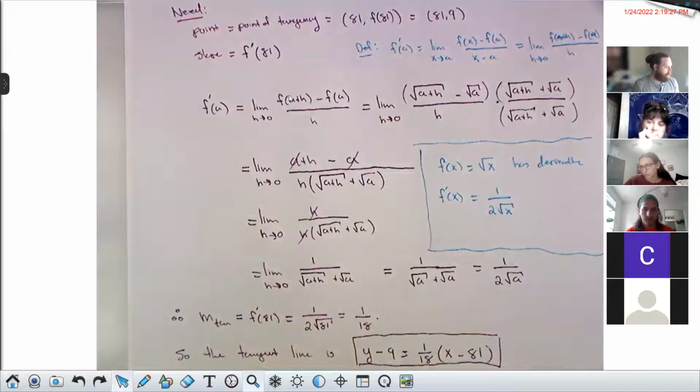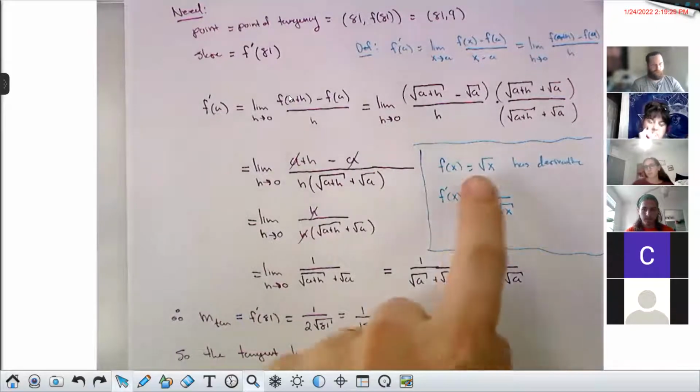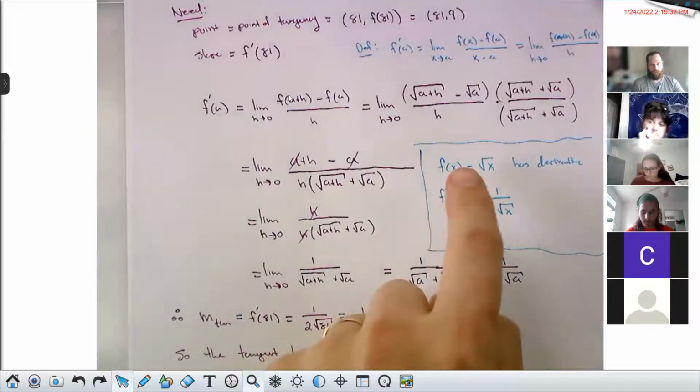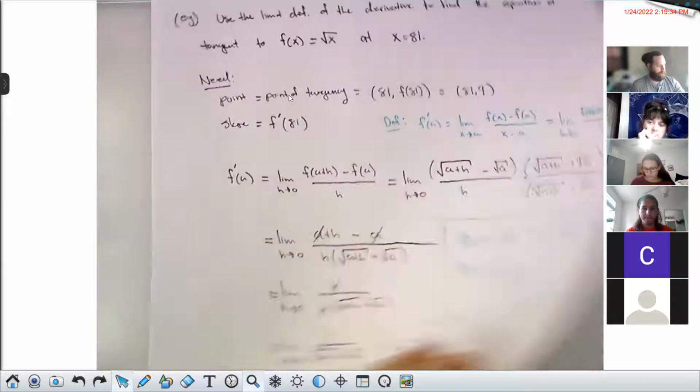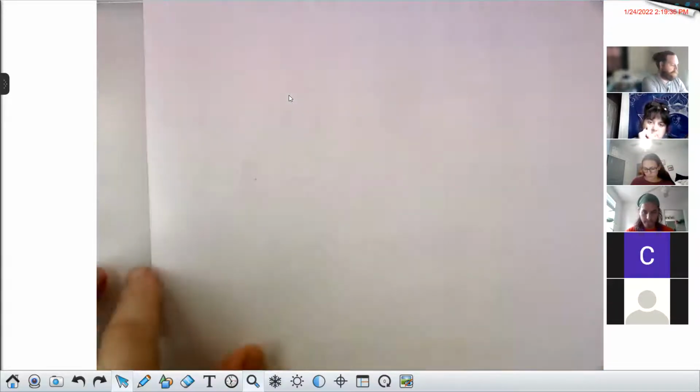To tie this in a little bit more with what we were talking about last time, I'd like to take a look at these two graphs. So this is no longer a part of that example, but just for fun.